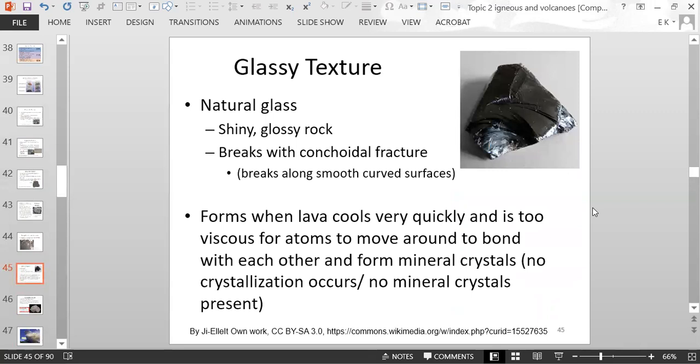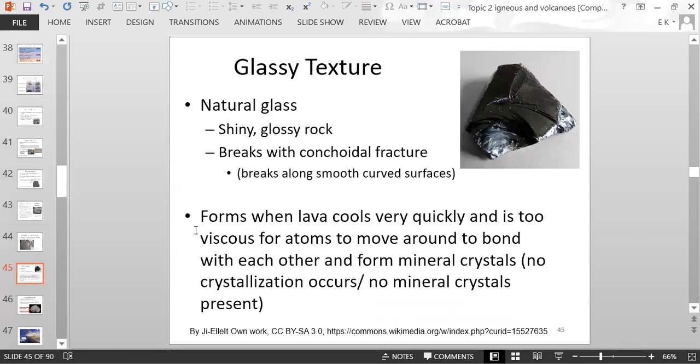So then another texture is glassy texture. This is related to natural volcanic glass. This is going to be a shiny, glossy rock that breaks with conchoidal fracture. Conchoidal fracture means it breaks along smooth, curved surfaces.